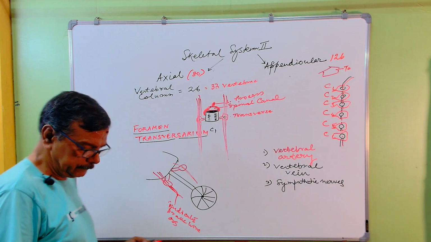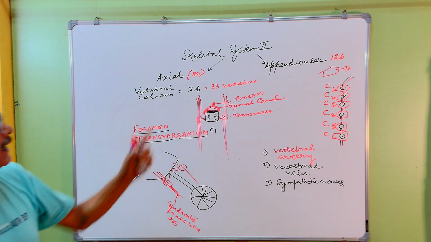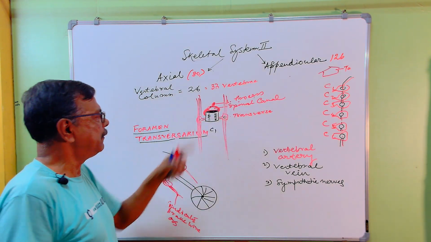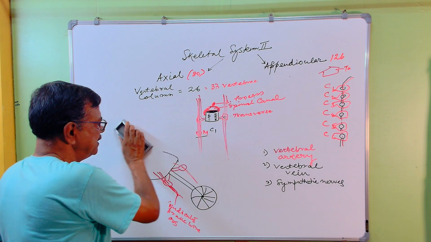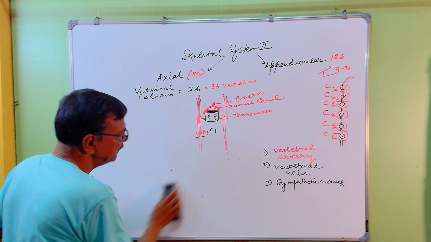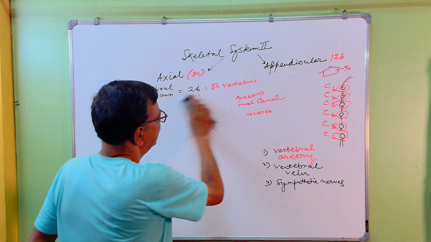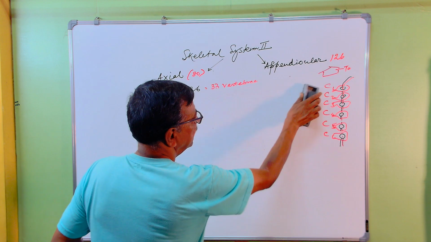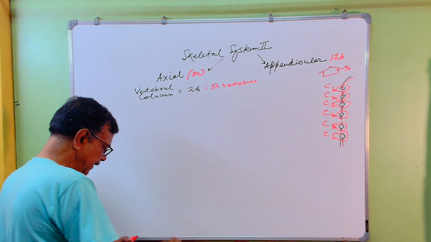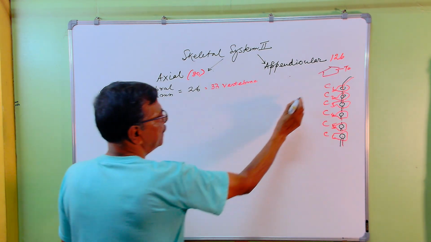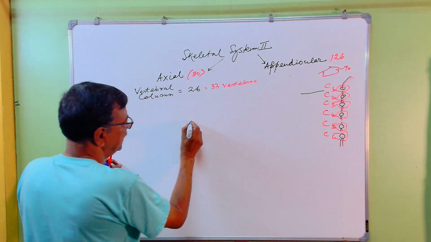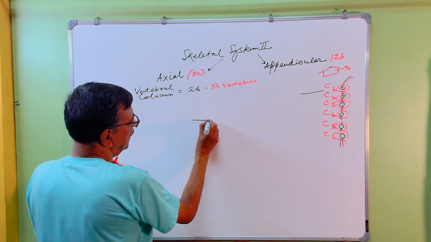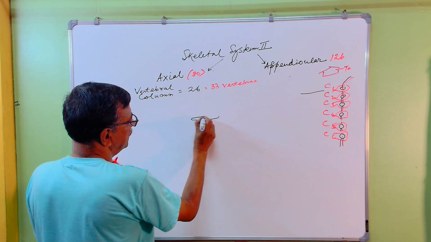Now, we are with the vertebral column. This is C1. The C1 vertebra has another specialty, that is, its upper part is like this.